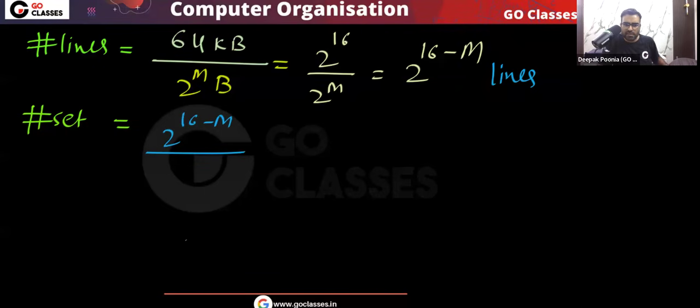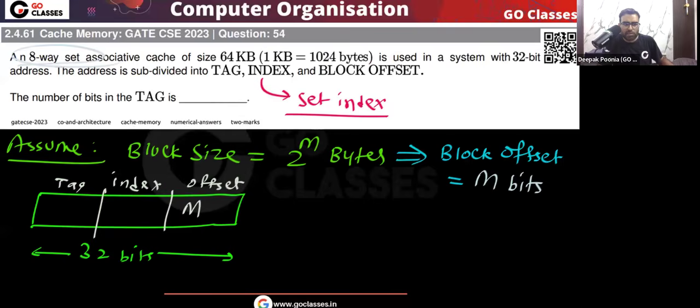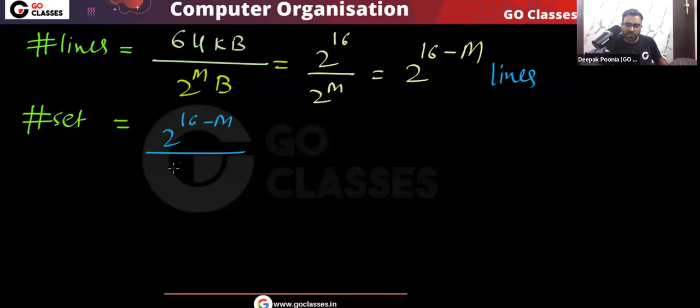In one set there are 8 lines, because this is an 8-way set associative cache memory. Total we have 2 power 16 minus m lines, and in one set there are 8 lines, so it will be 2 power 16 minus m minus 3. This is the number of sets.